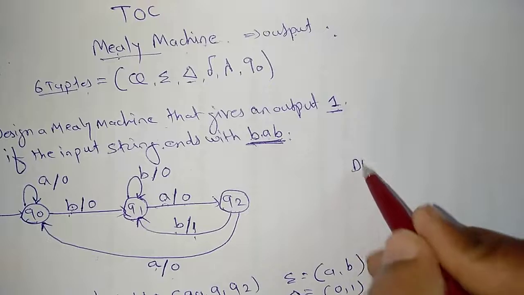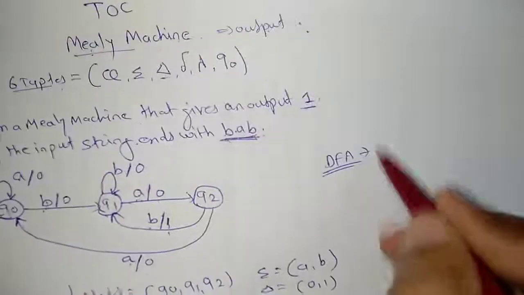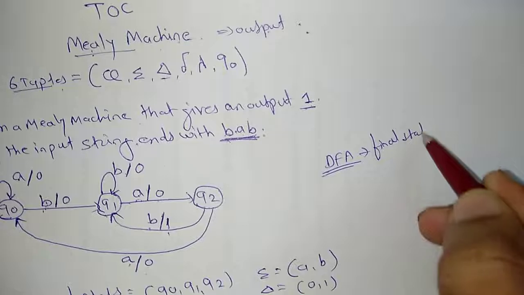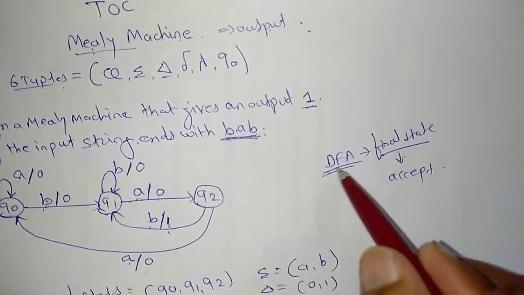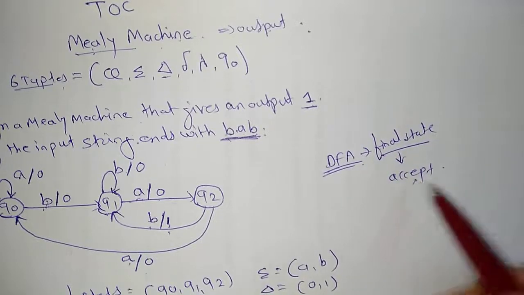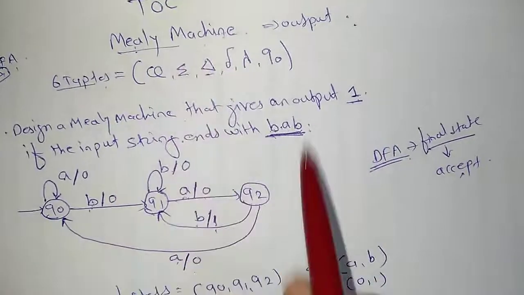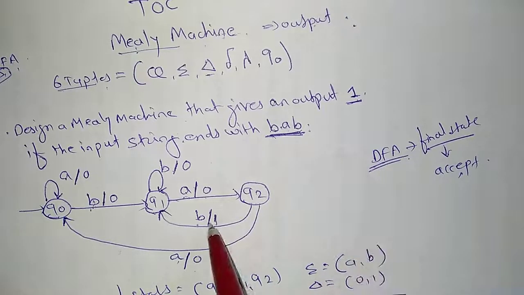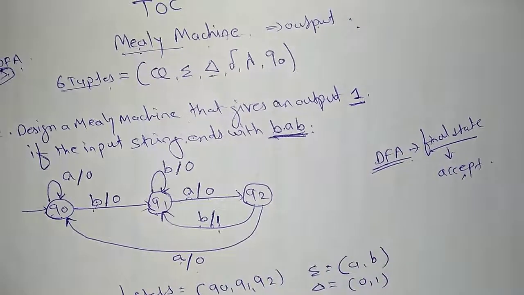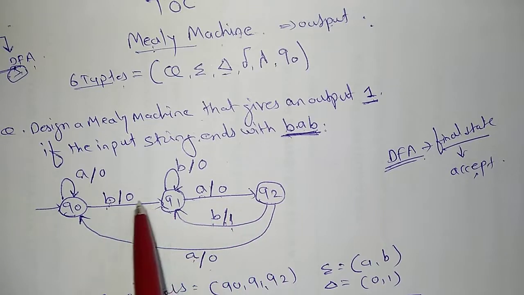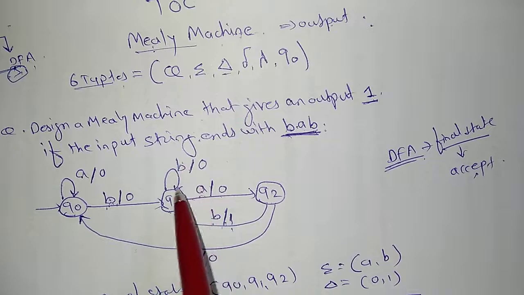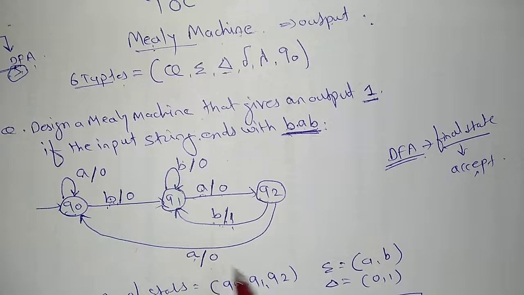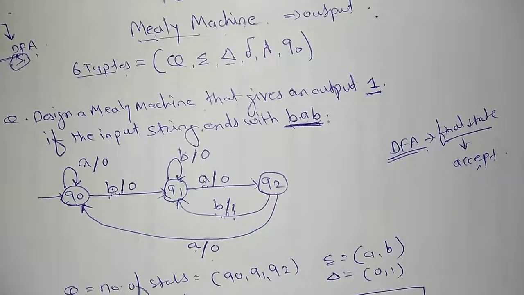In DFA, if you remember, whenever we reach the final state, the string is accepted. On the same line, in Mealy machine, whenever the output is 1, the string is accepted. In this string, whenever BAB occurs, like BBAB, it will output 1, else it must output 0.